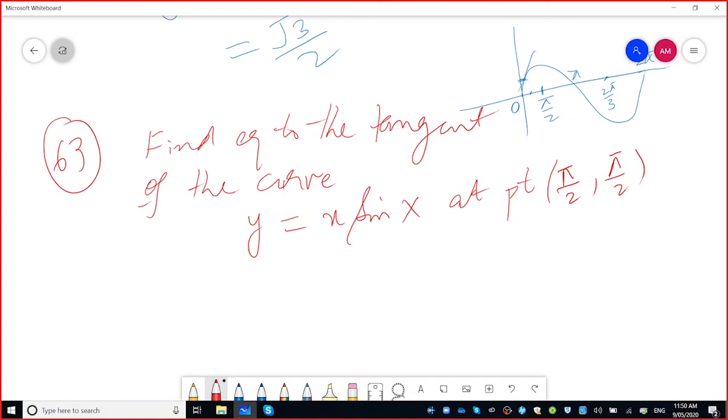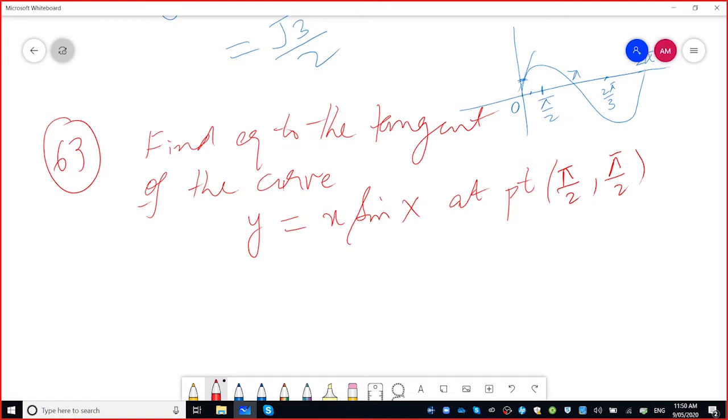Okay, so first differentiate x sine x. That gives us x cos x plus sine x. We will find first y bar, put it there, and that would give us the slope.